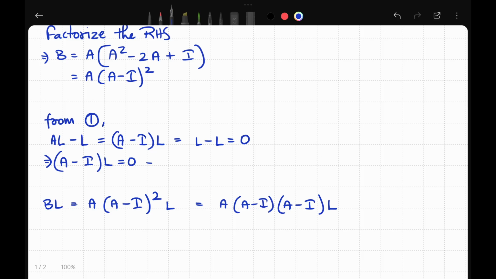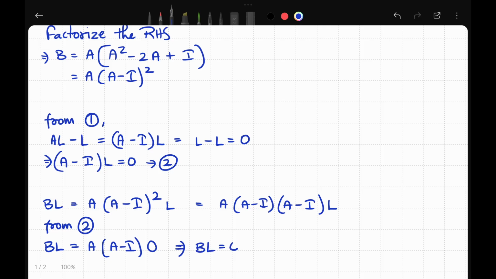And this result from 2, we write BL equals A times of A minus I times of 0. Which implies BL equals 0, right?